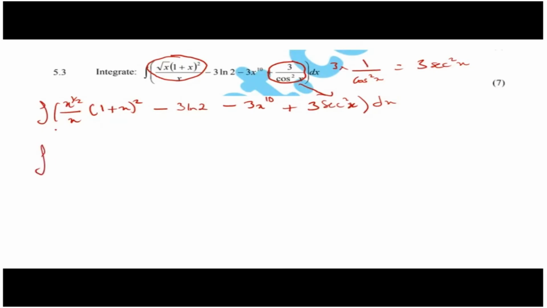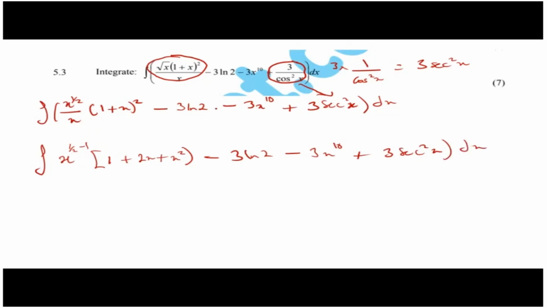I've not started integrating, I'm still simplifying. It's the same thing as half minus 1 into, let me open this bracket, 1 plus 2x plus x squared, minus 3 ln 2 minus 3x raised to the power 10 plus 3 sec squared x.